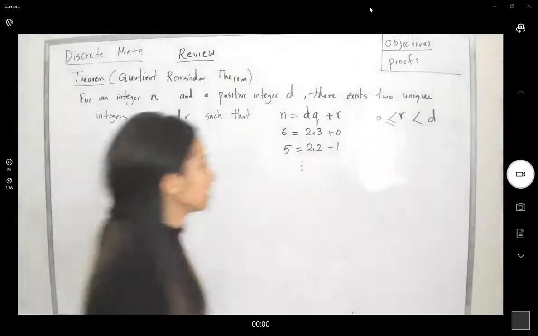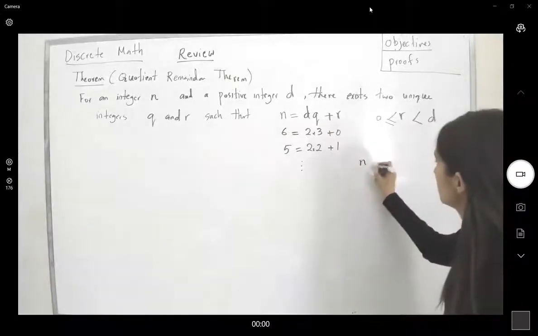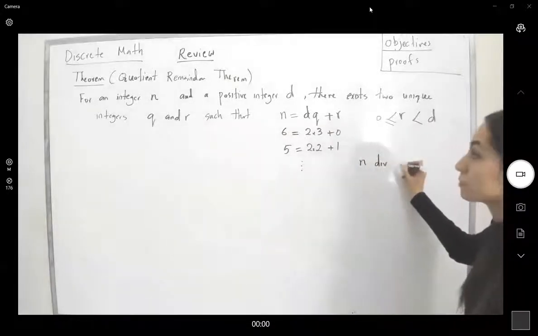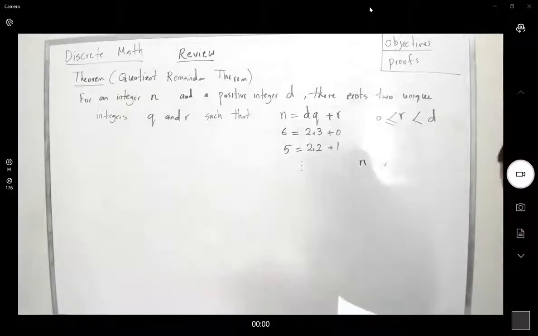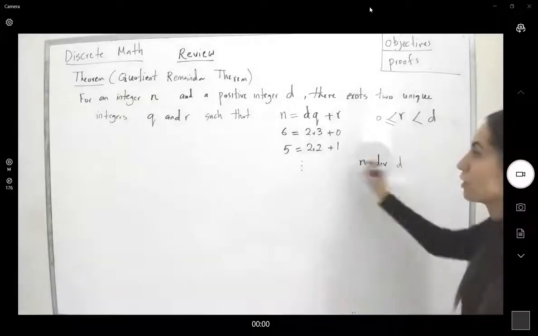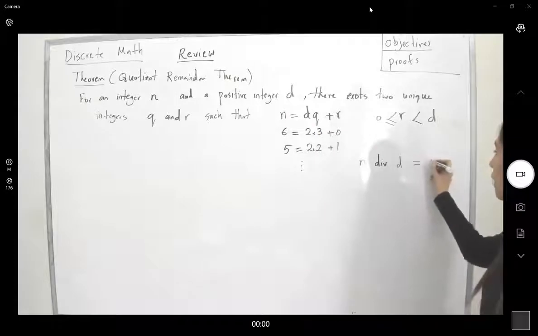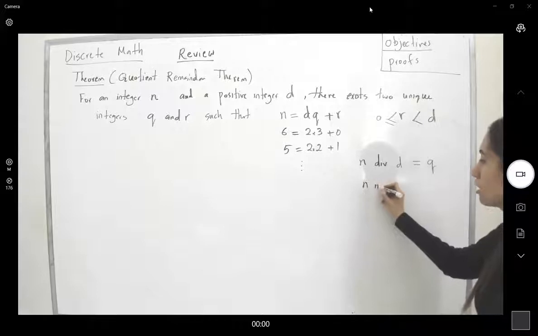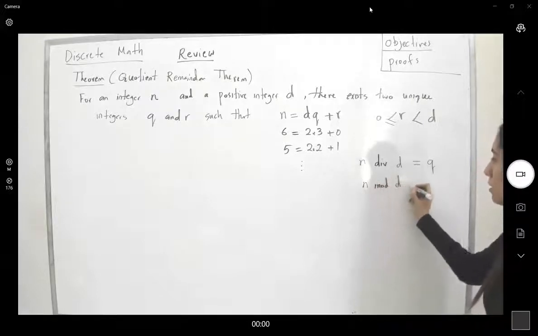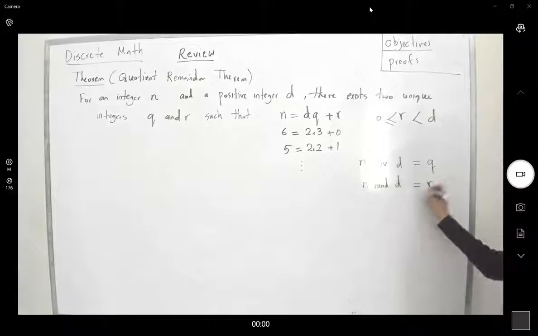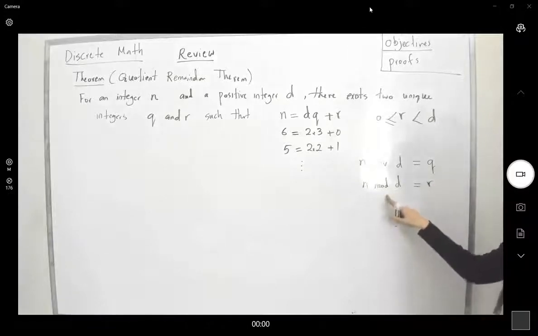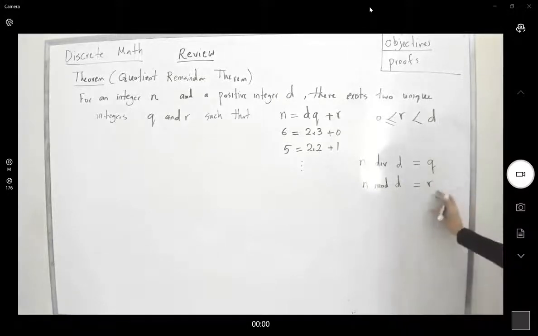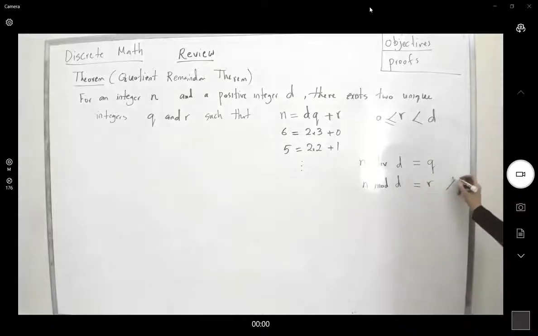So when you're referring to n div d, with d a positive integer, we are referring back to our q, but when we write n mod d, we are referring back to the remainder. Remember that in Python or in other coding languages, this is written by using the percent sign, the mod operator.